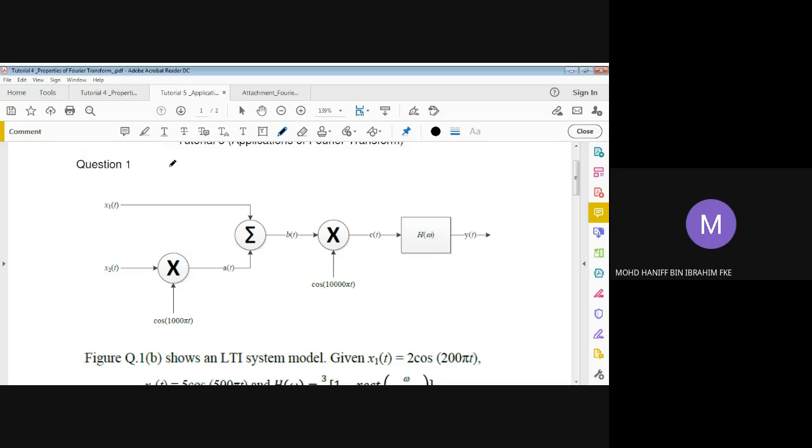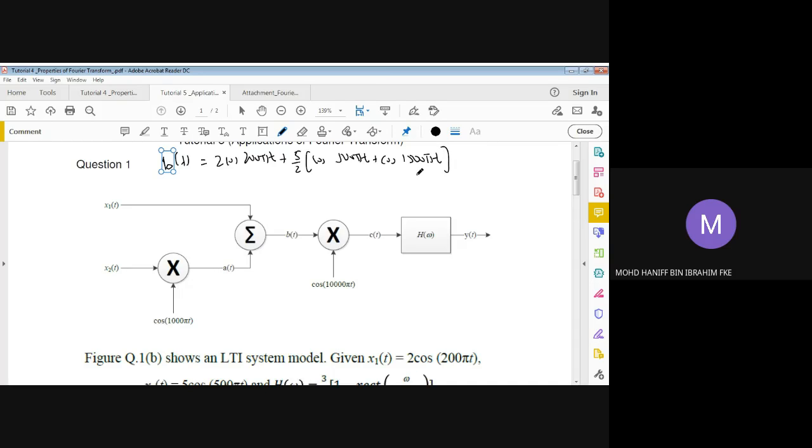Okay, so the BT, based on the diagram that we have here, it is equals to x1t, which is 2 cos 200 pi t plus with the AT, which has been obtained earlier, and that is equals to 5 over 2, okay, cos of 500 pi t plus cos of 1500 pi t.